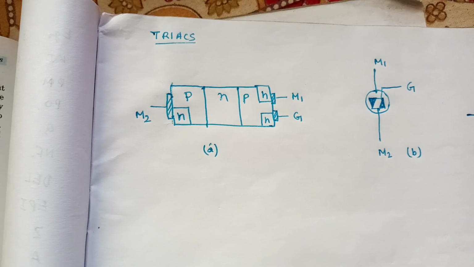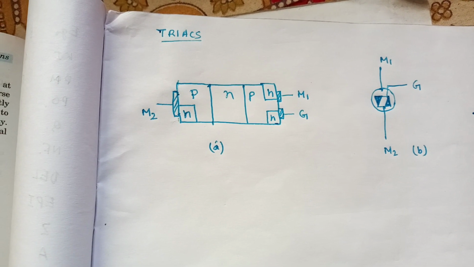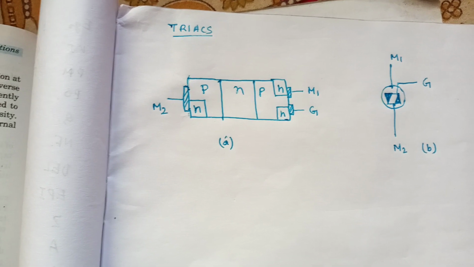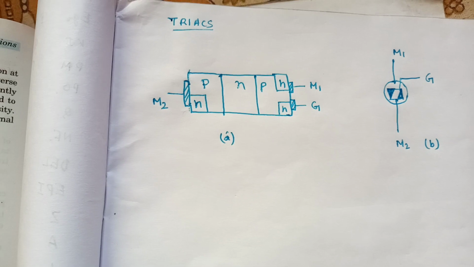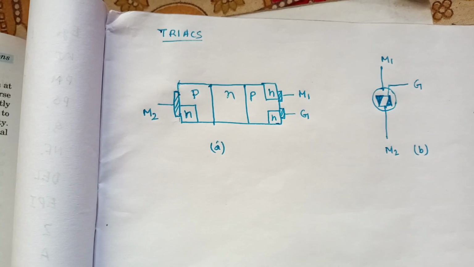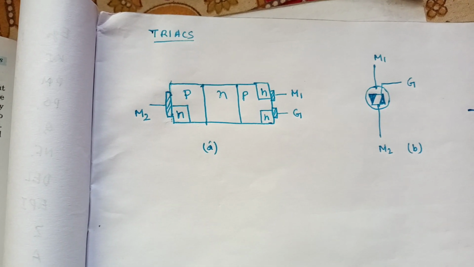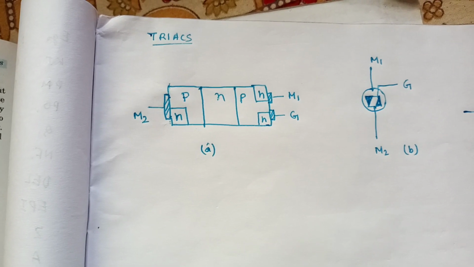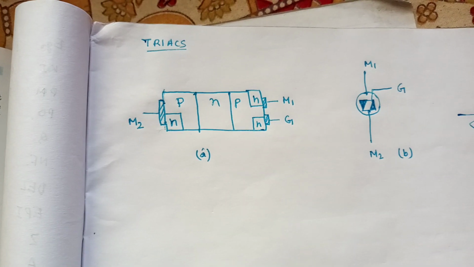Basically, a triac consists of two SCRs oriented in opposite directions to give bidirectional characteristics. The anode of each SCR is connected to the cathode of the other.